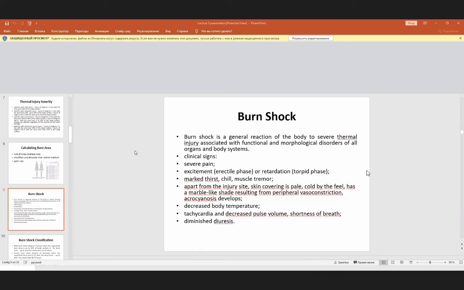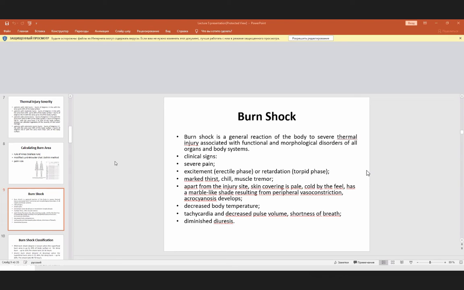Apart from the general symptoms, the following are typical of a burn shock. Severe pain, excitement followed by retardation, the torpid phase, marked chill, muscular tremor.